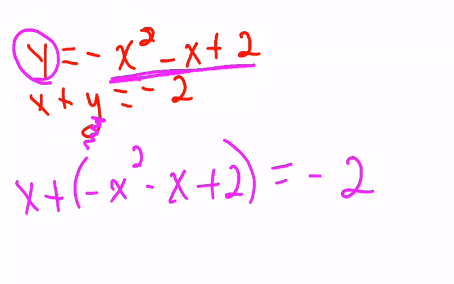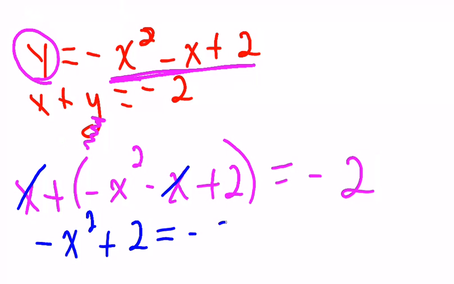So now we want to continue and solve. I don't really need the parentheses since we're adding, but x plus a negative x is 0. And so we have negative x squared plus 2 equals negative 2.